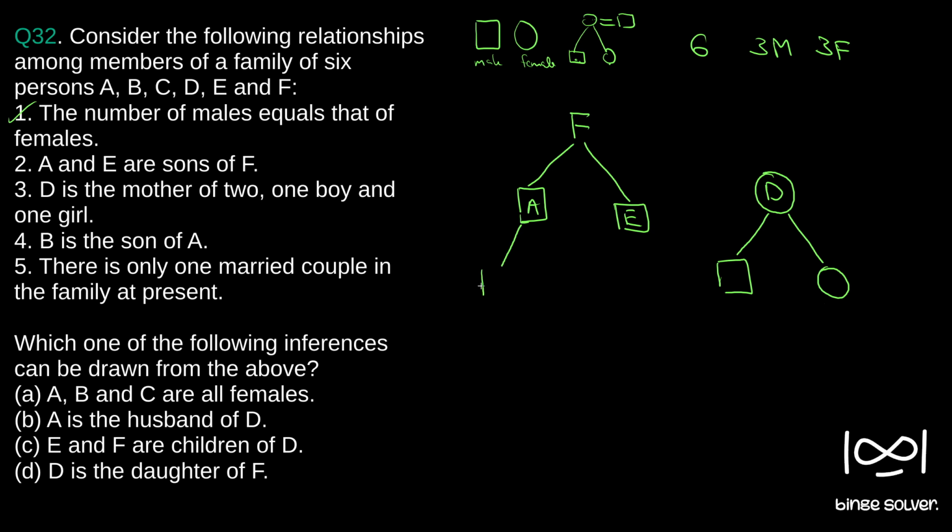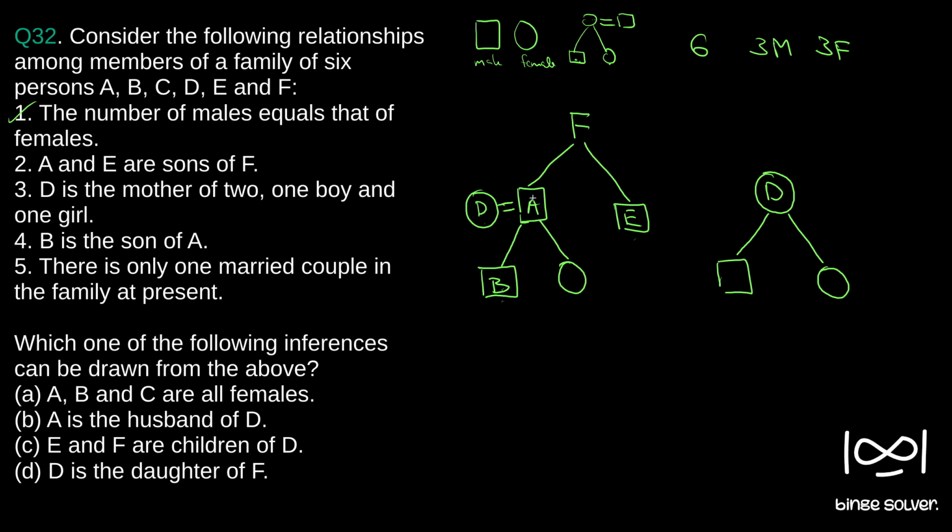So we have one more piece of information here. There is a son here which is B. B is the son of A. So in the figure, as you can see, there are already 3 males filled. So this has to be B, since we cannot fill any other information, and there is only 1 married couple in the family at present. So that means A should be married to D, and since D has a male son and a female daughter, this should be the relationship.